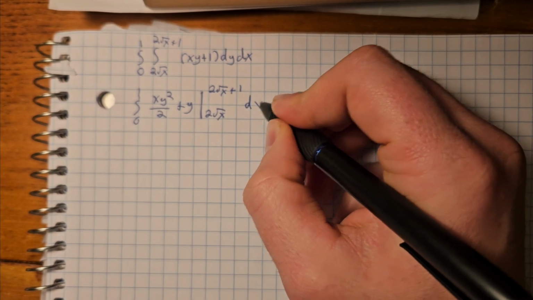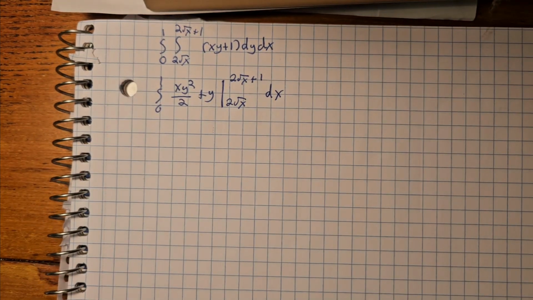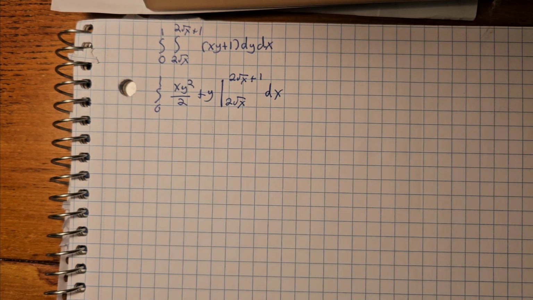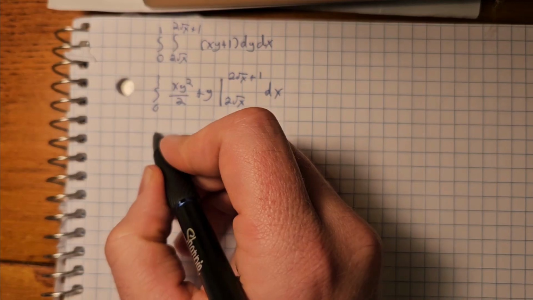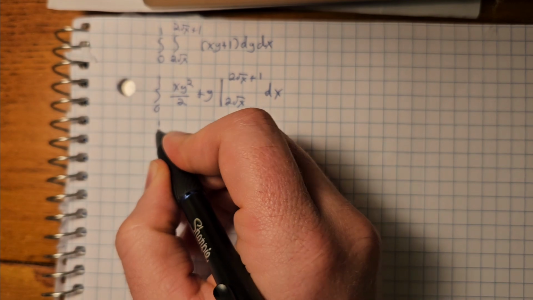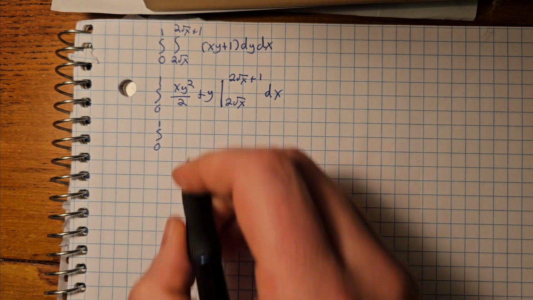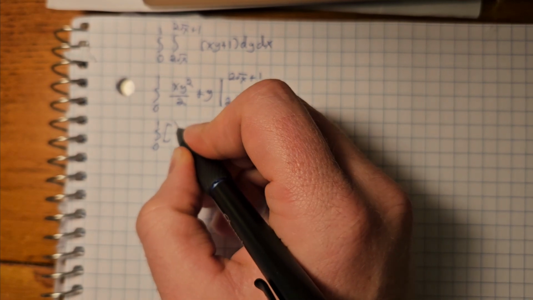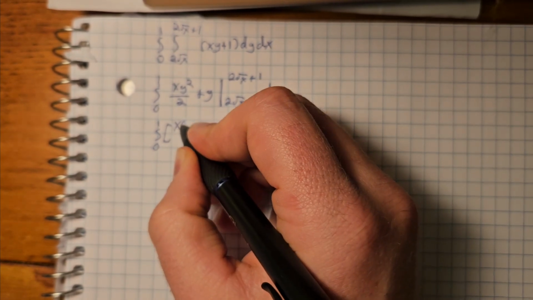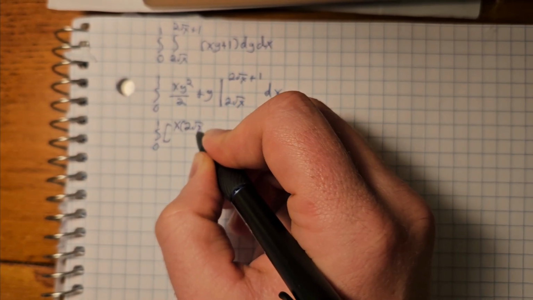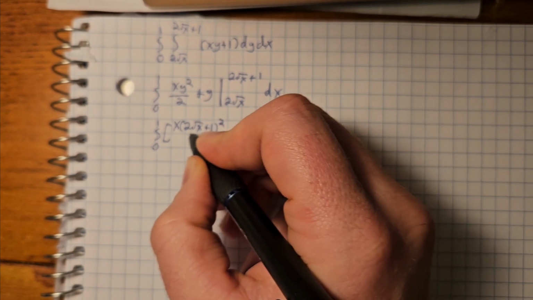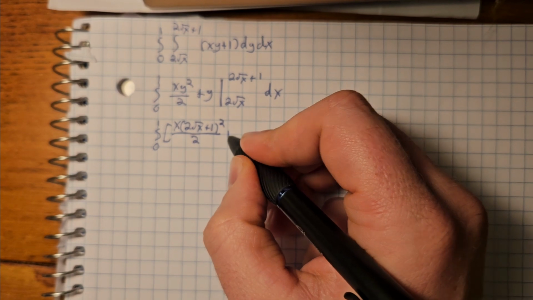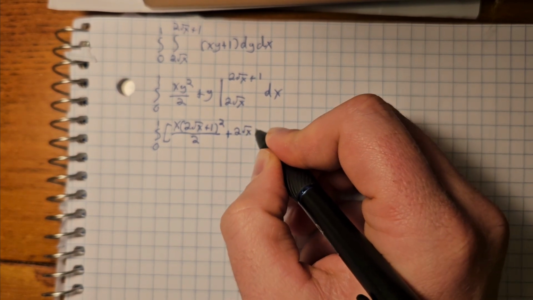we keep the dx. Alright, so now all we gotta do is plug in these values, subtract one from the other, and then we can move on to integrating with respect to x. So when we plug it in, use a little bracket here, x times 2 radical x plus 1, square it, divide it by 2, and add a 2 radical x plus 1.